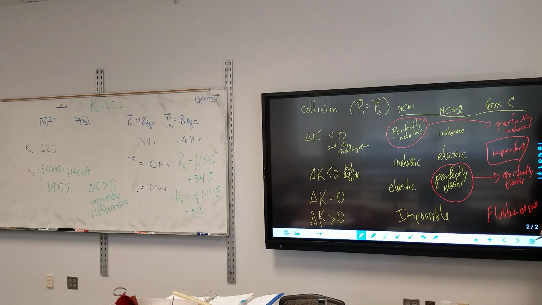On tests, master sets, and so forth, this is the naming convention I'm using. I was grading some 110 master sets and asked what type of collision given this right here.